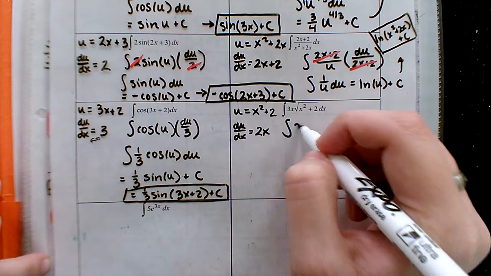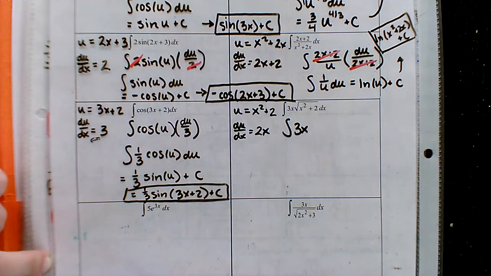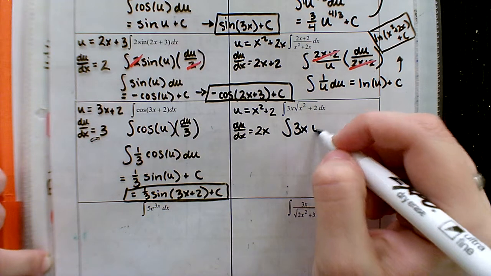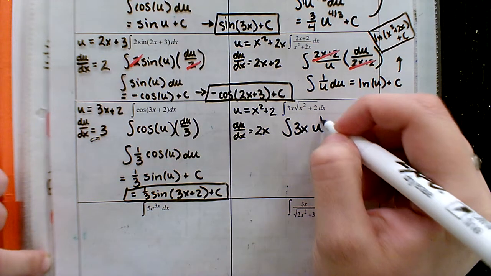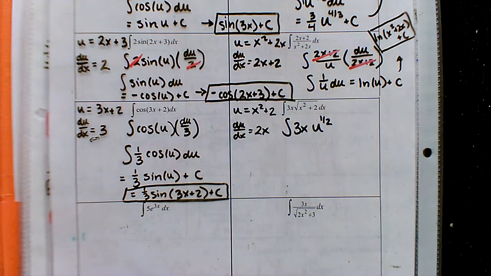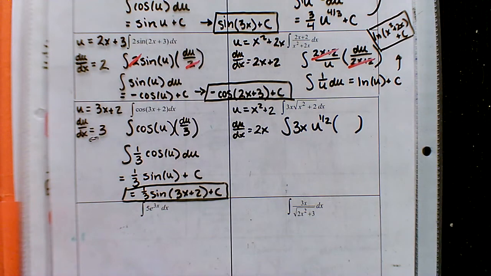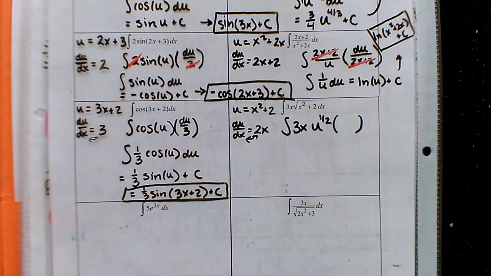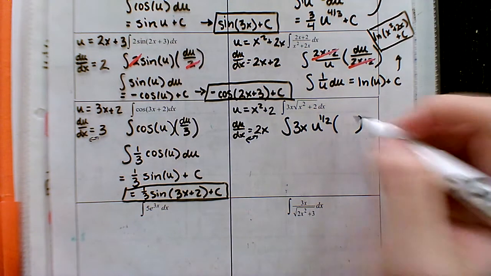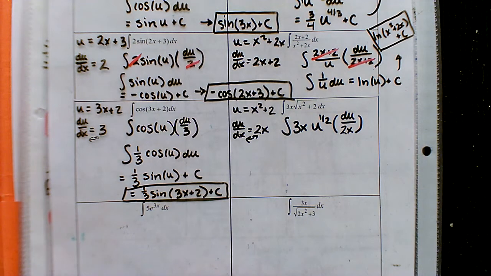So if we rewrite the integral, we're going to keep the 3x, we're going to keep the square root, but instead of the inside, we're going to label it as u. Now also maybe instead of the square root, we'll put a power of 1/2. Instead of the dx on the end, we'll do a little switcheroo with that derivative of 2x, and we'll get du over 2x.